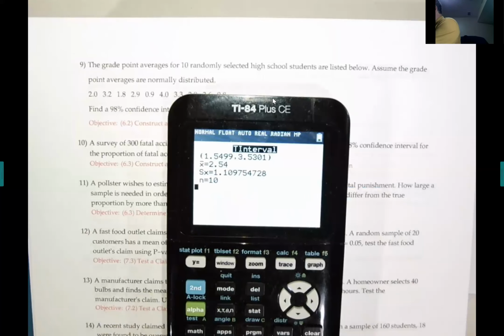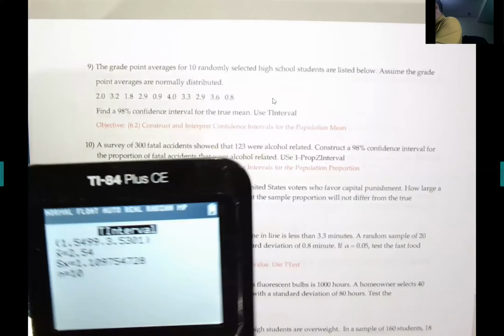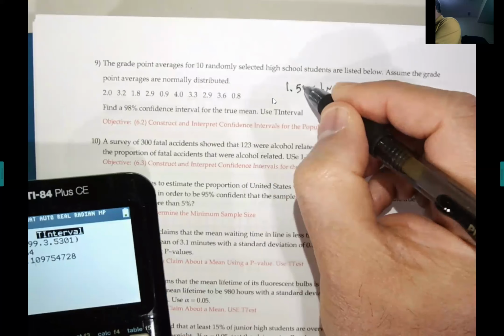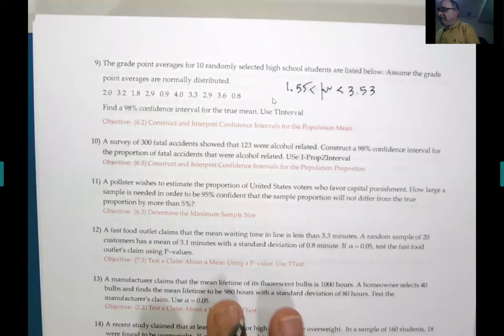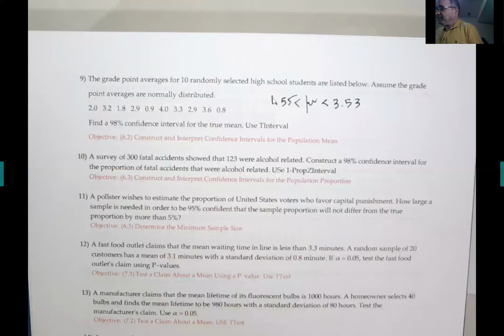So the mean is between 1.55 and 3.53. So on average, the average GPA of the class is between 1.55 and 3.53. What can you tell from this interval?